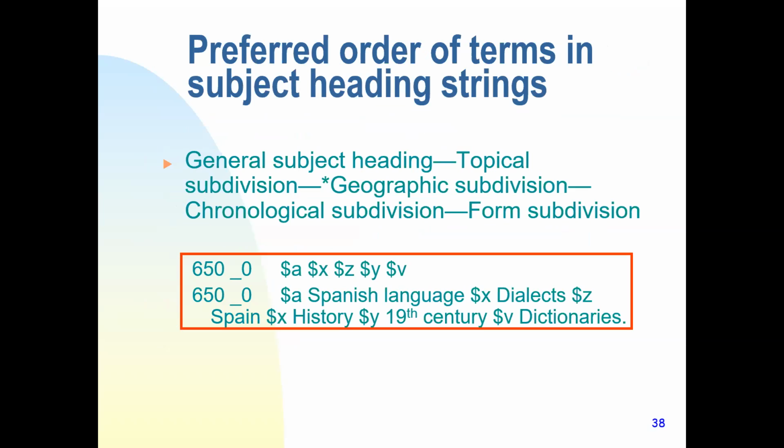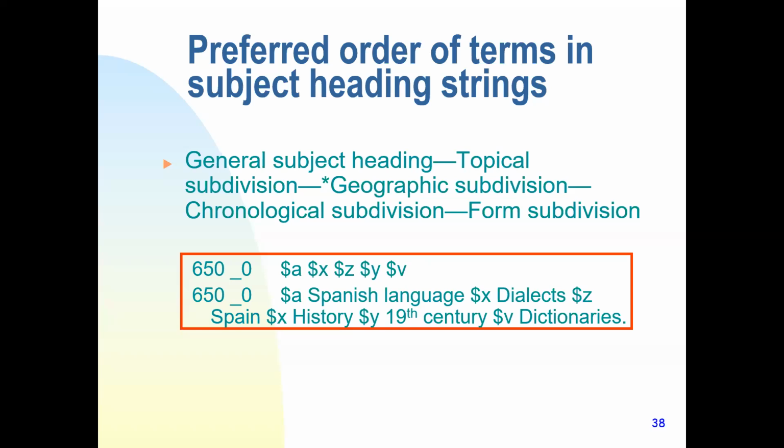Here's the preferred order of terms in a subject heading string. You would use the topical, or the general subject heading first, and then the topical subdivision, which goes in a subfield X, the geographic subdivision in a subfield Z, the chronological in a subfield Y, and then the form subdivision in a subfield V. That little asterisk there by geographic subdivision, there is no note at the bottom telling you about that, but that is just saying beware of that geographic subdivision because you have to be able to subdivide.